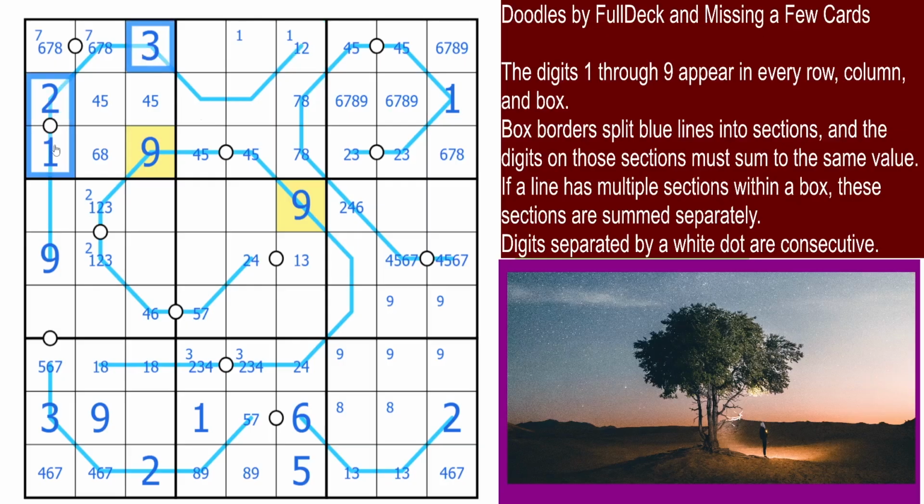What is this sum now? 1, 2, 3. This is 6, right? Okay. Shouldn't this be 3 more than whatever this is?